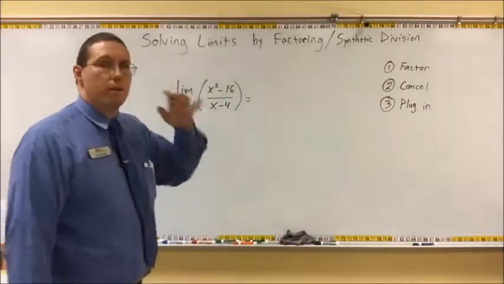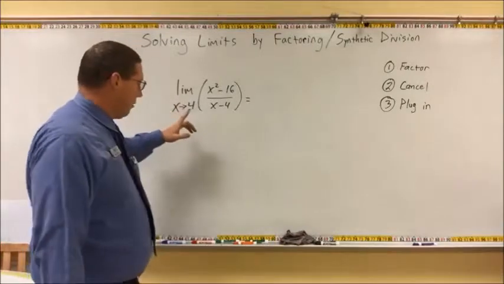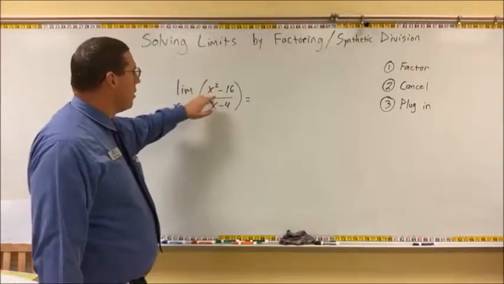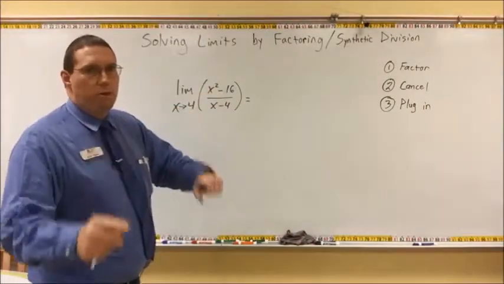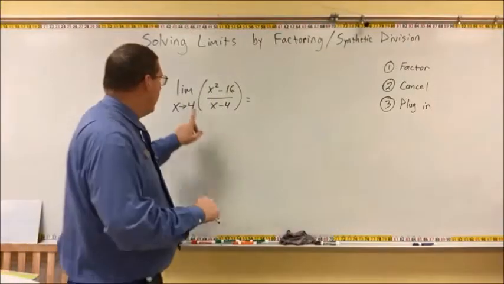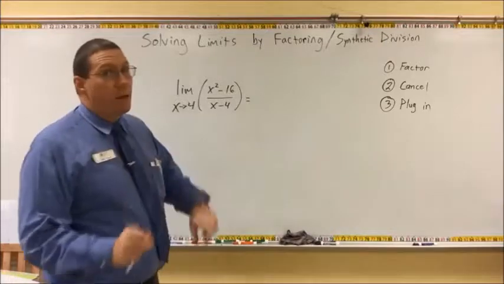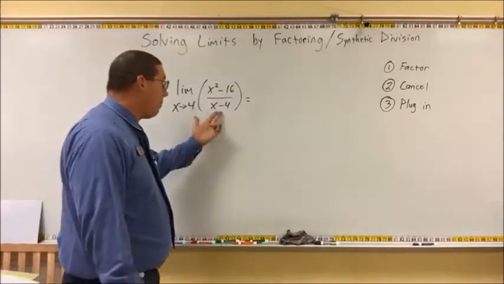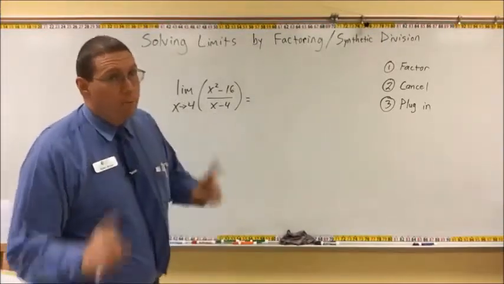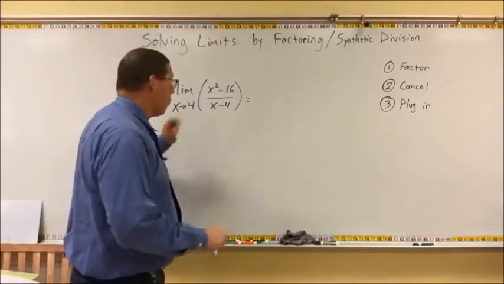Okay? So here's the issue: there is something causing the numerator to equal 0 when you plug in 4. And there is something causing the denominator to equal 0 when you plug in 4.